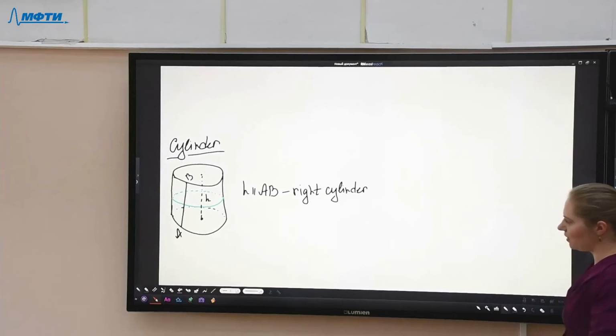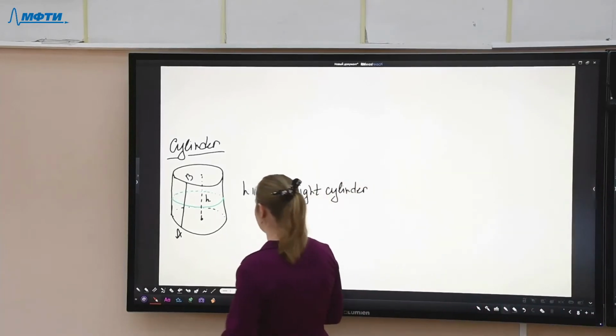Well, otherwise we are talking about just a cylinder. Maybe there is a slope.